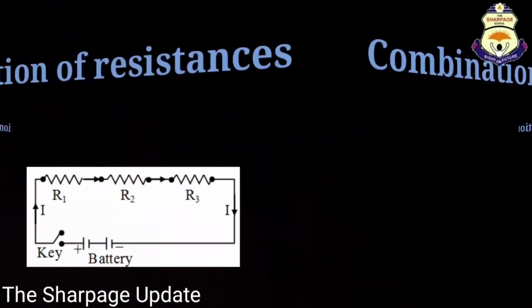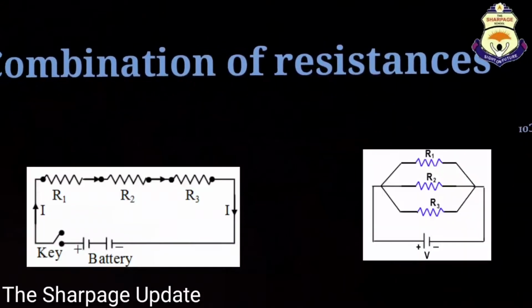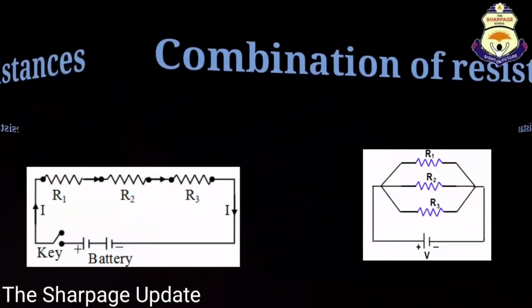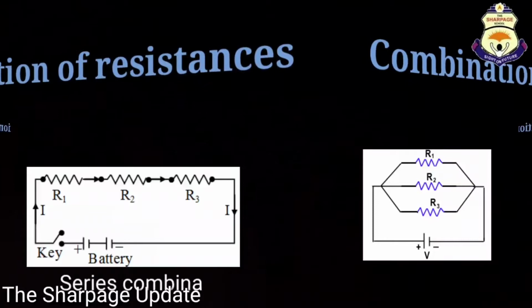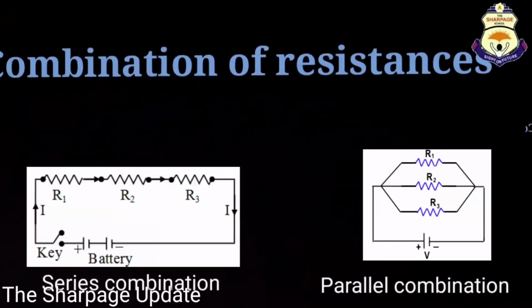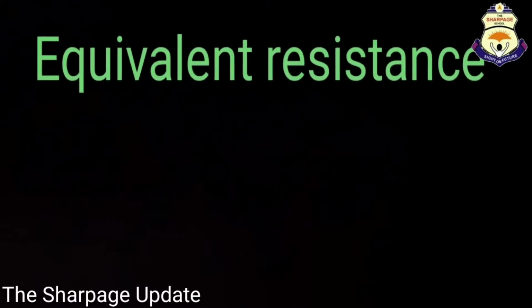So, the resistances are combined in two ways, that is, in series combination and in parallel combination. Firstly, we will study equivalent resistance.